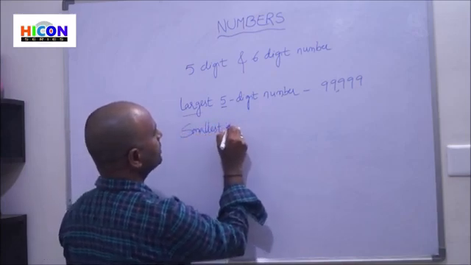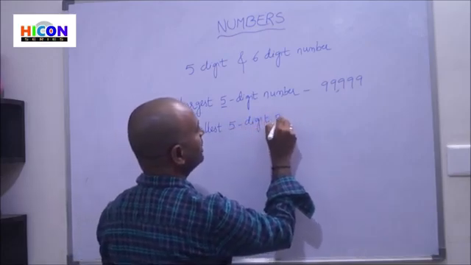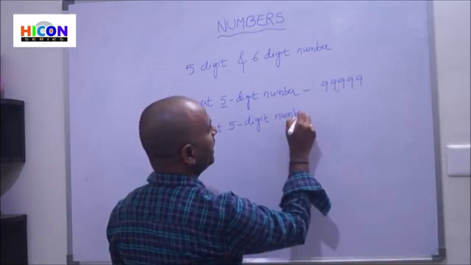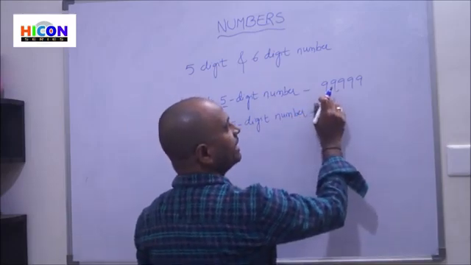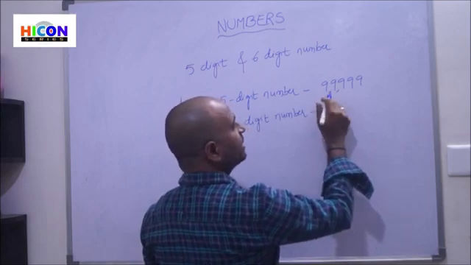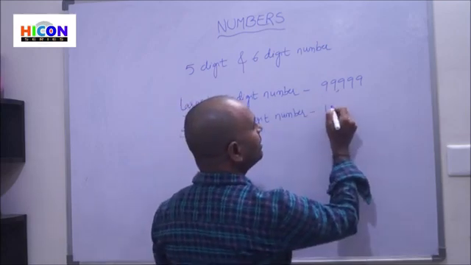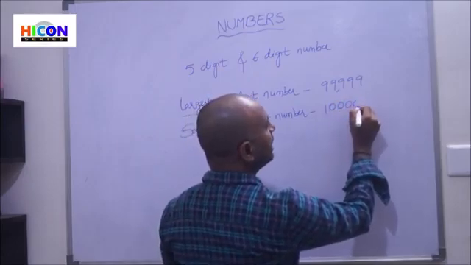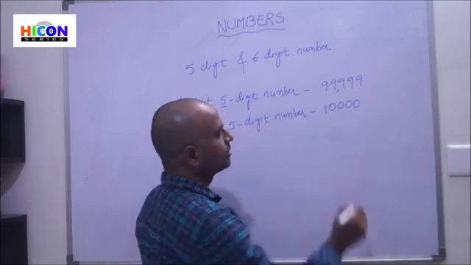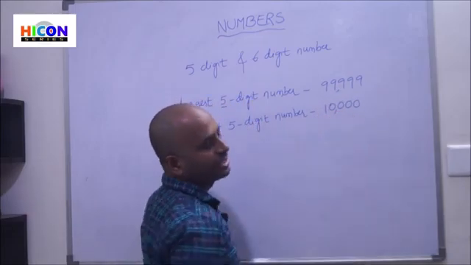The smallest 5-digit number can be obtained simply by writing 1 in the place of the first 9 and writing zeros in the places of the remaining 9s. So this is the smallest 5-digit number.